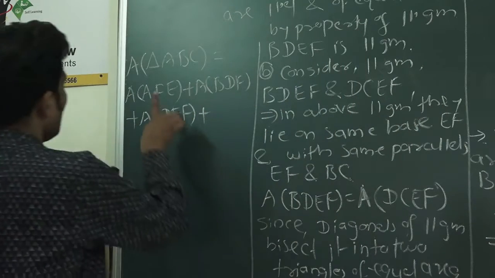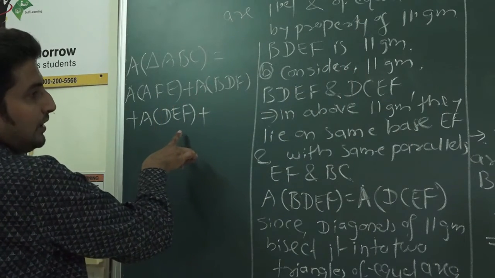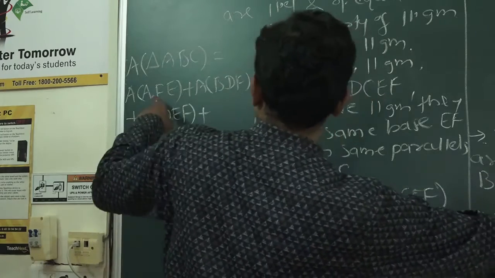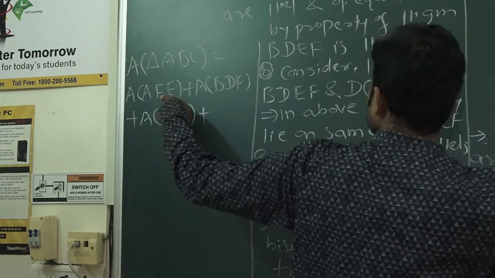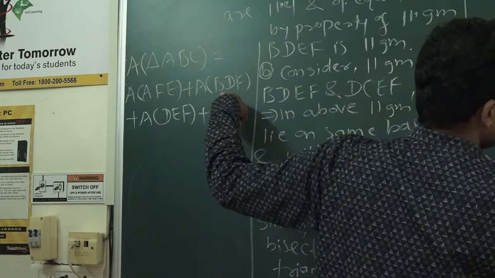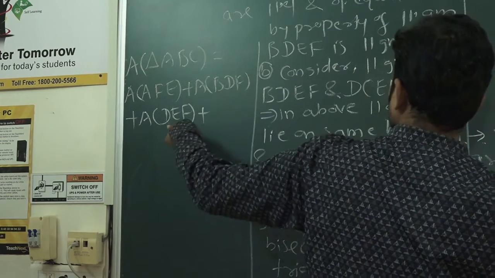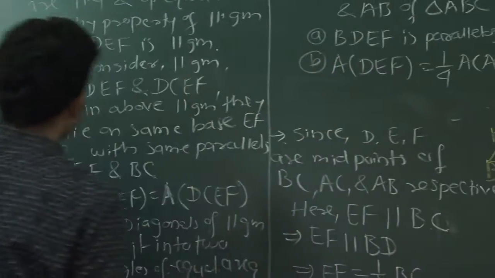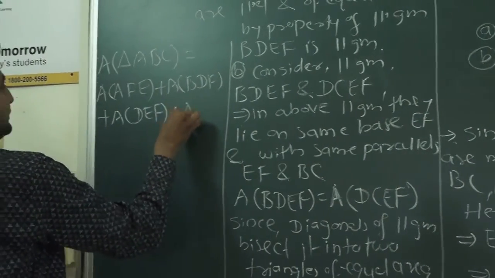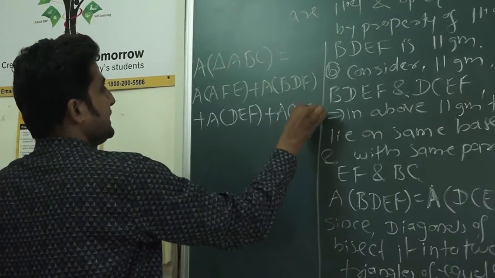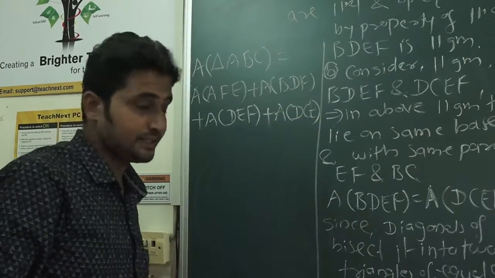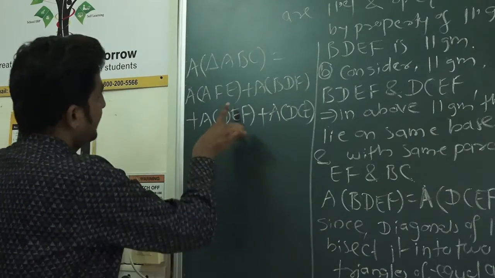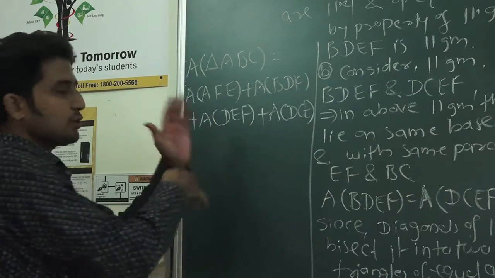Now the last one is DCE. AF is covered, BDF is covered, DEF is also covered.